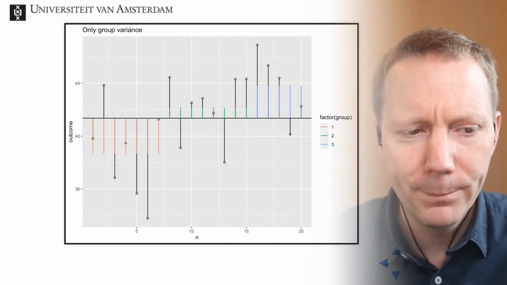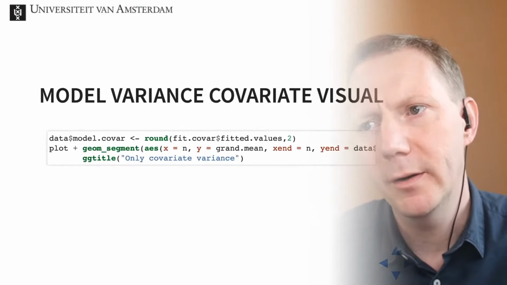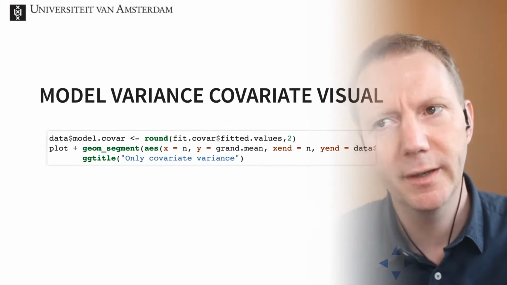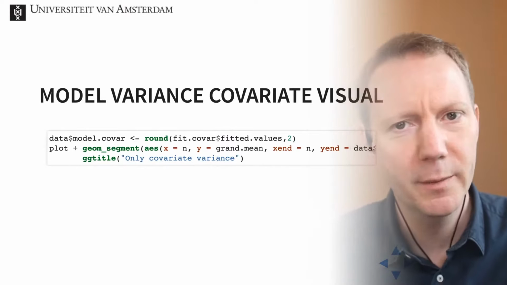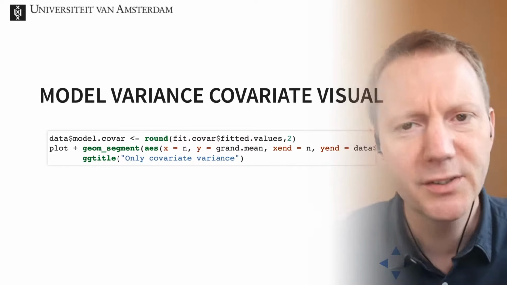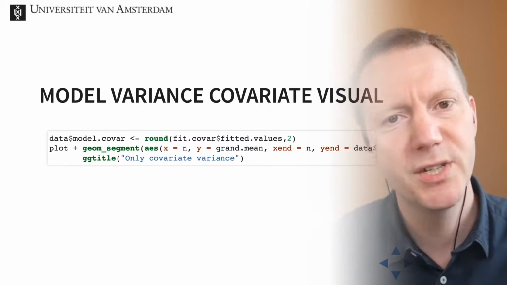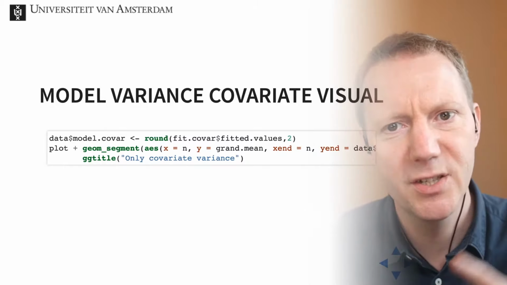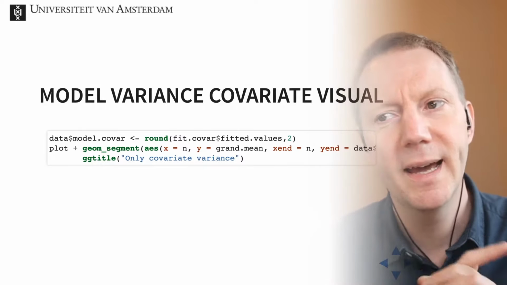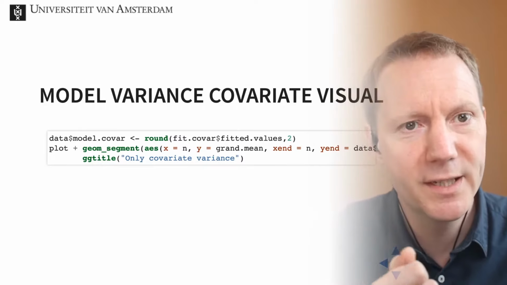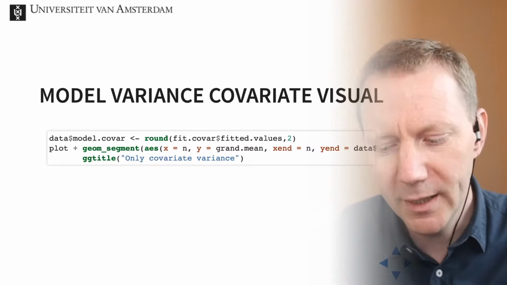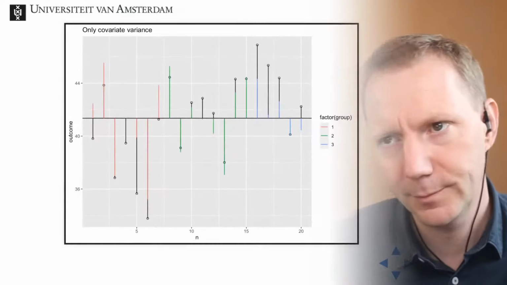But now we also have our covariates. So what we're going to do is we also want to look at a model with only the explained variance of the covariate. And because our covariate is a continuous variable, it's not a grouping variable, we can apply a regression model and see what the expected value is within that model if we only apply the covariate.